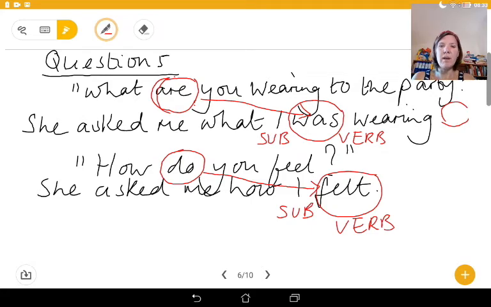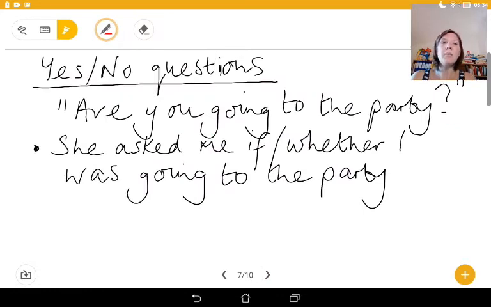Okay, I think that's everything about questions. A special mention for the yes-no questions. So yes-no questions obviously are questions when the answer is either yes or no, okay? So looking at the question here, are you going to the party? And when we report this, first of all, we're going to use the verb ask, okay, because that's what we use with a question.